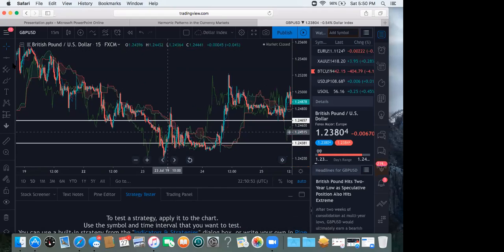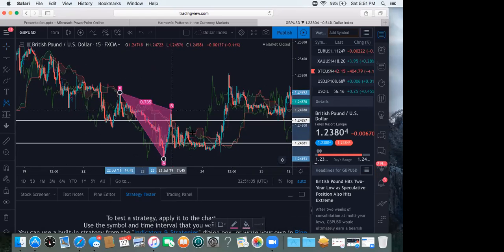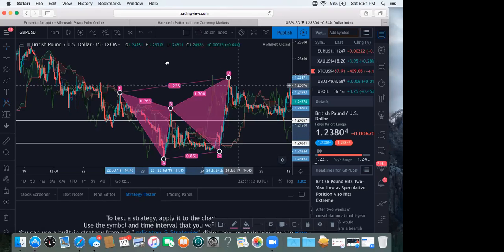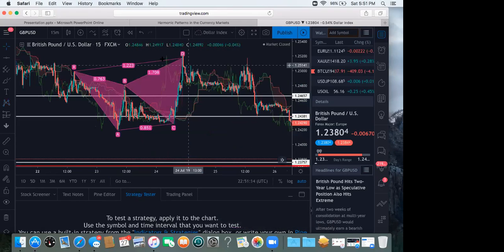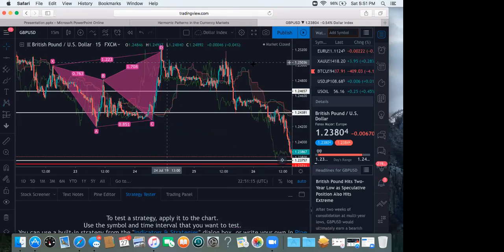And then there are what I call sideways crab patterns, all right? So you got your X right here, your A right here, your B right here, your C right here, and then you have your D right up in here. All right. And then it continued to sell.